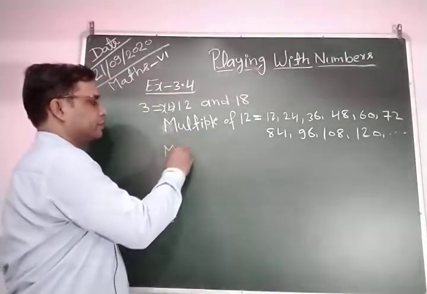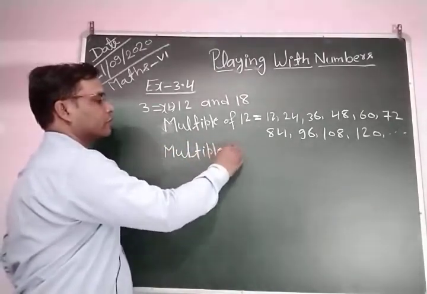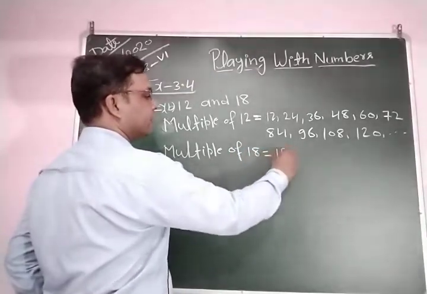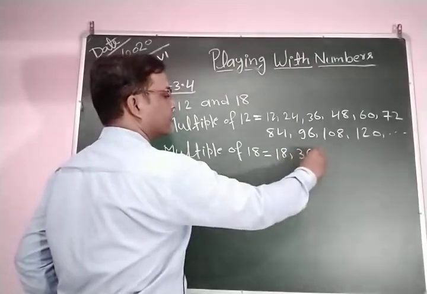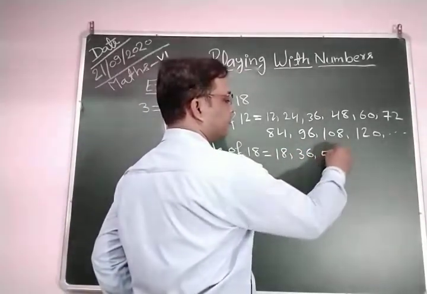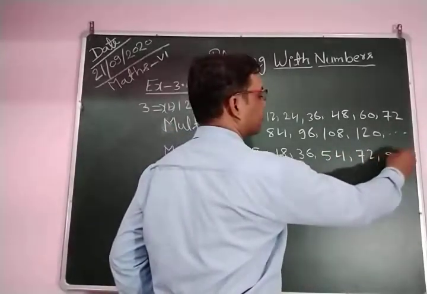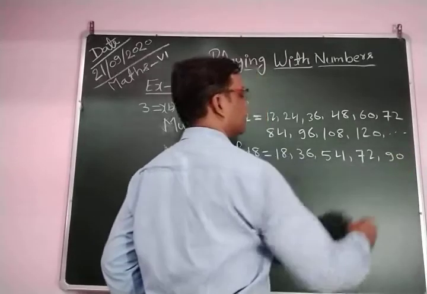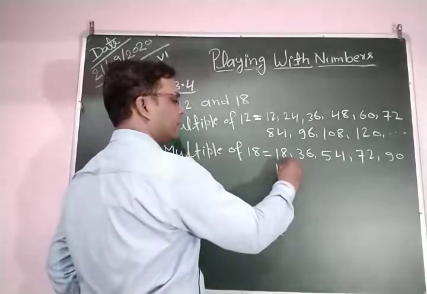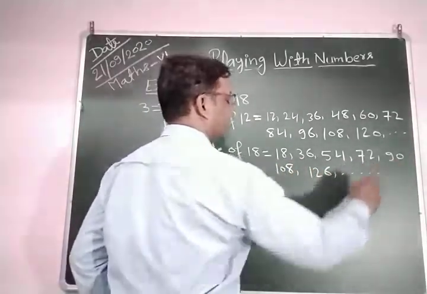Multiple of 18. This is equal to 18, 36, 54, 72, 90, 108, 126, and so on.